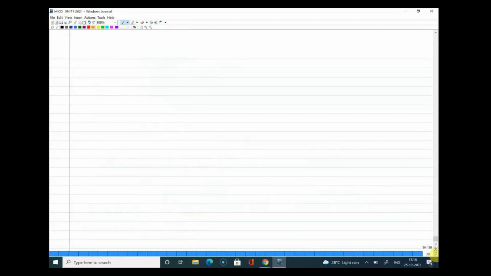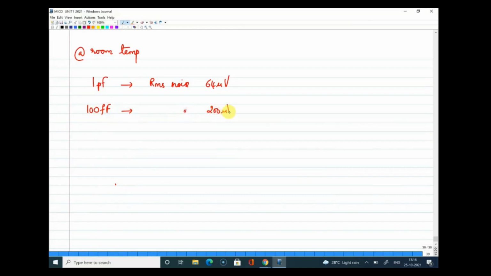At room temperature, if I take 1 picofarad capacitance, that will give an RMS noise of around 64 microvolt. But if I go for a much smaller capacitance, say 100 femtofarad, this noise voltage is going to increase. This will become 200 microvolt.